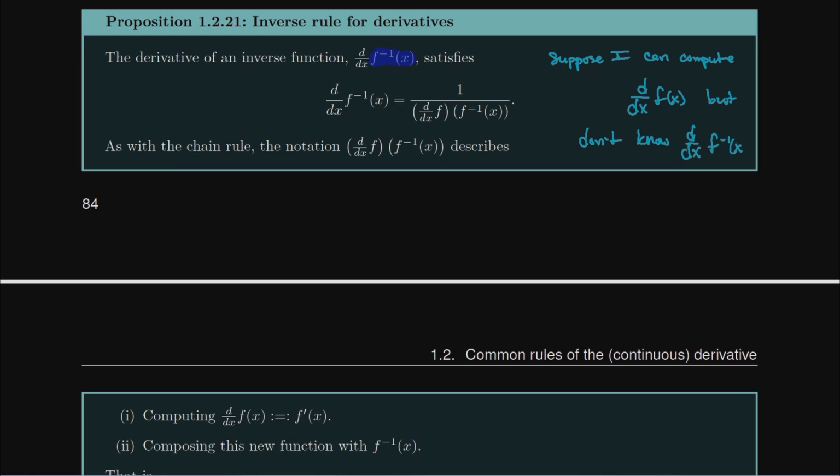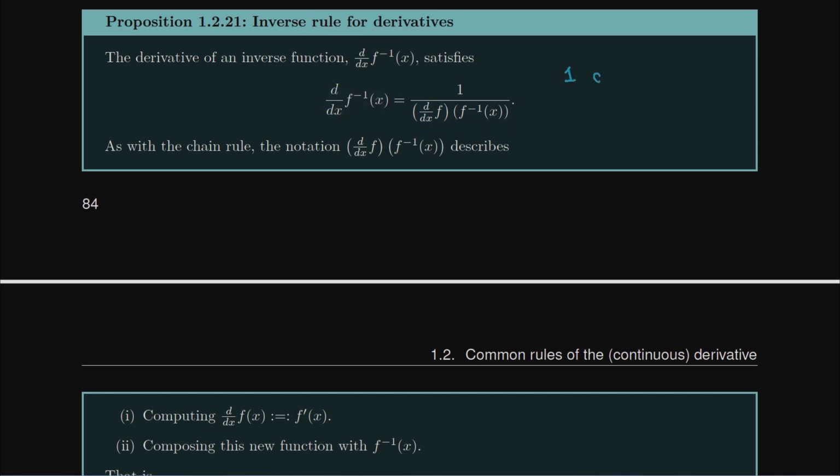That's really what's happening here, and I will provide an example that will feel very natural as a situation of this happening. So suppose you know how to take the derivative of the regular forward function, but not its inverse. There is a rule that tells us we can find the derivative of the inverse from the derivative of the forward function. It says the derivative of the inverse is equal to 1 divided by the derivative of the forward function evaluated on the inverse.